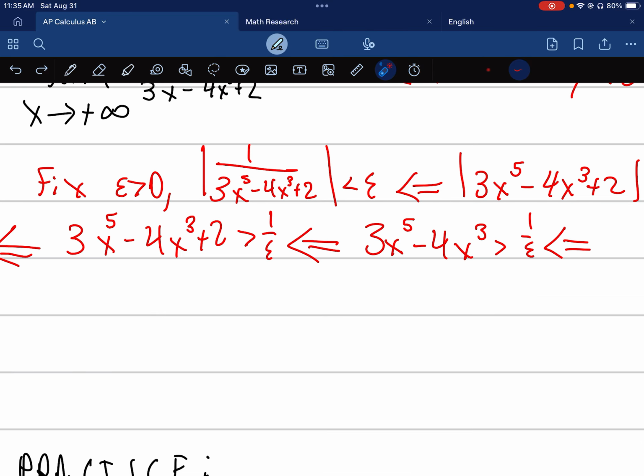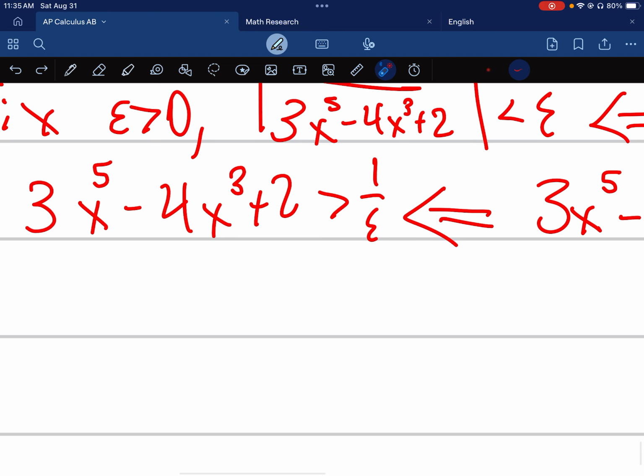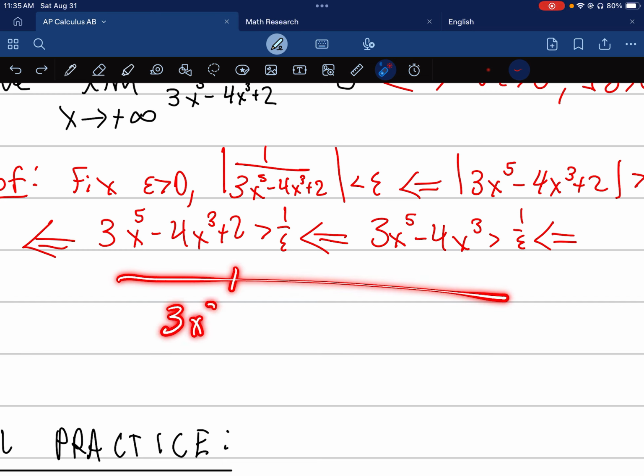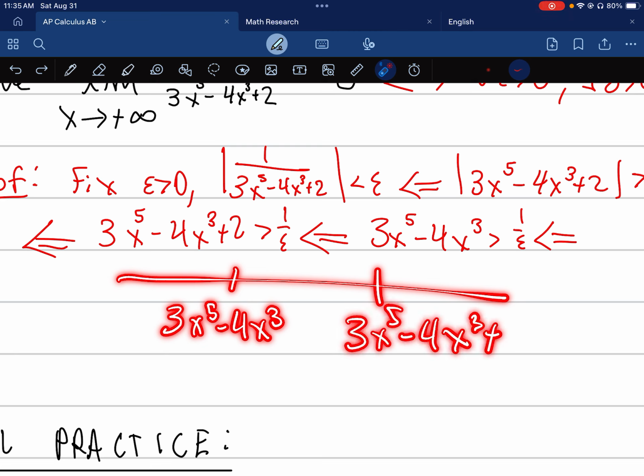This is implied by whenever we have, so let's remember, we're working backwards, so this may get confusing. But does this imply that? Well, if this is greater than 1 over epsilon, wouldn't you say that 3x to the 5th minus 4x to the 3rd plus 2 is actually going to be to the right-hand side, and we know this is 1 over epsilon.